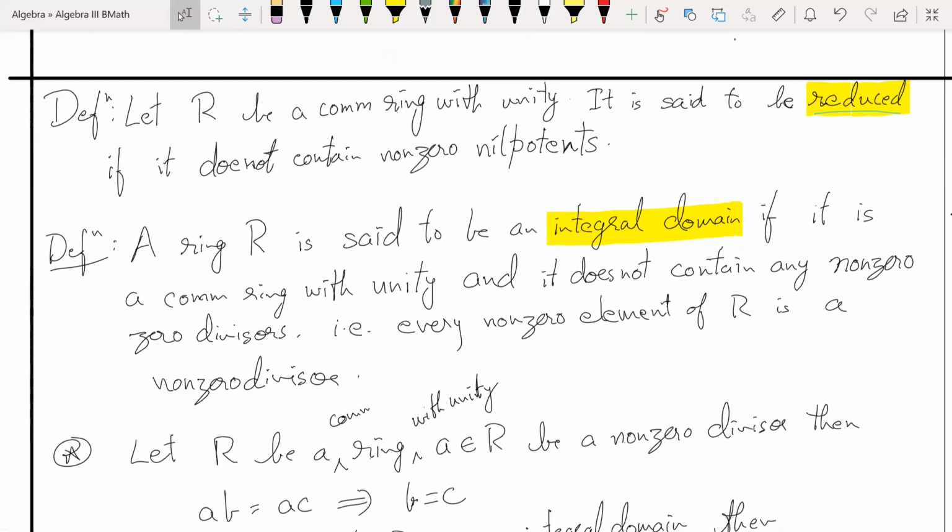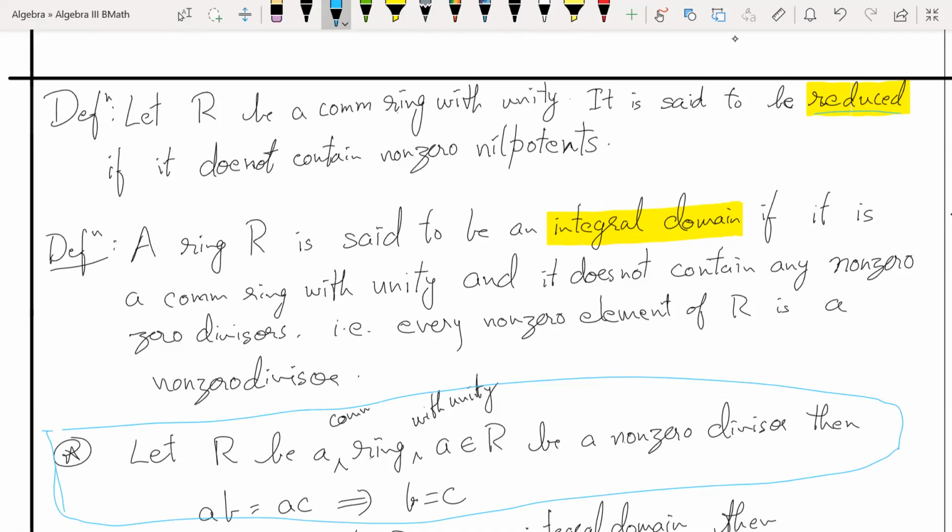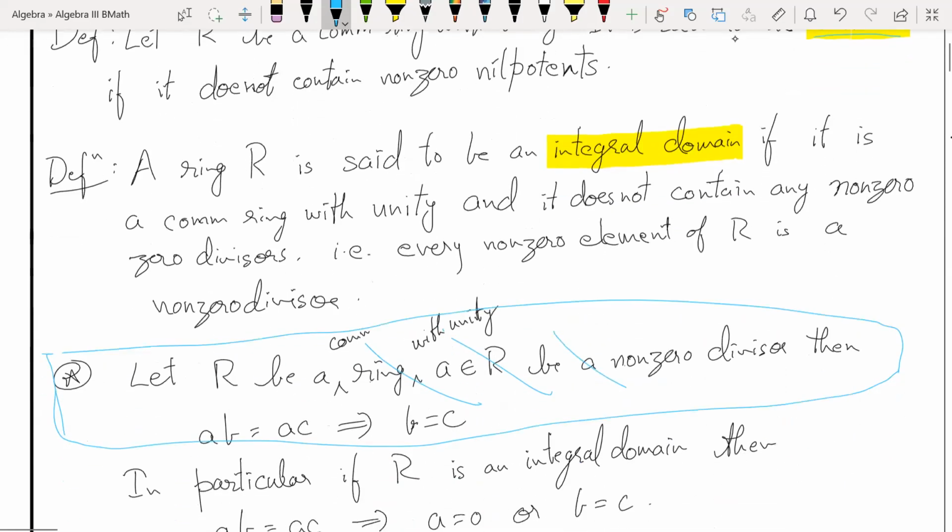Sorry, the way I've written it is not correct, so let me cross this out. This is true for integral domains. That is what I wanted to write.